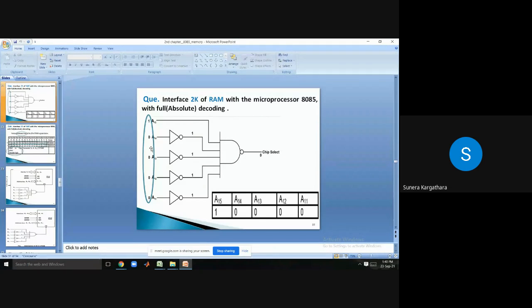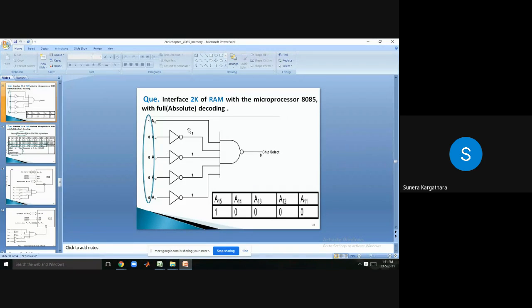Say for example, A11, A12, A13, A14, A15 are the lines available with me. Which logic do I provide so that I get output 0 here? That 0 is connected with the chip selection bar, so it becomes 1 and your particular chip will be selected. This is called memory chip selection logic, right? That address you will find from here.